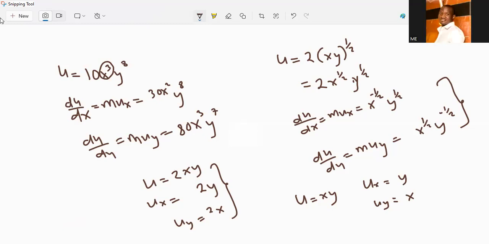So, it's becoming interesting, right? So now I want you to try to differentiate. Let's differentiate just the derivative. I don't want to go into the nitty-gritties of the equation first.